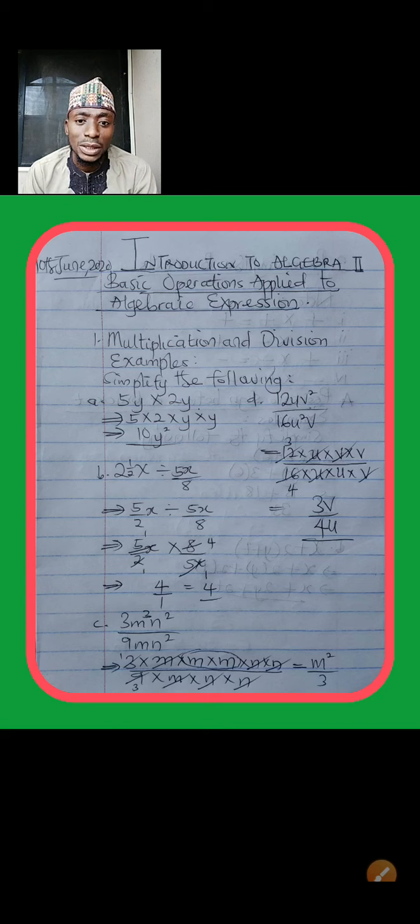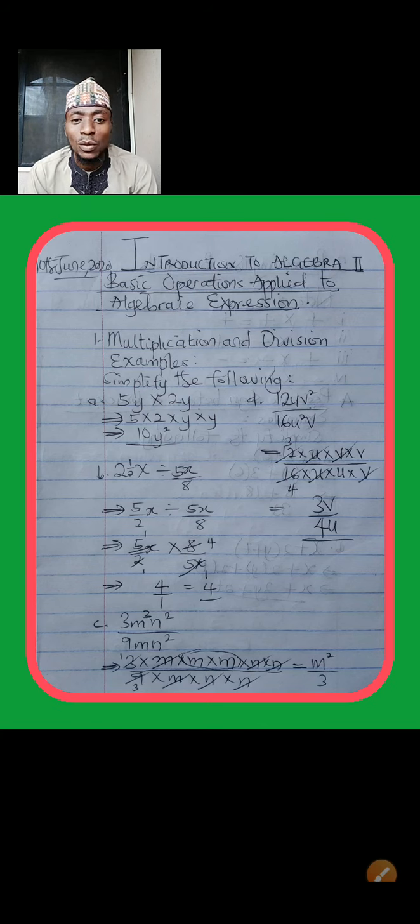Example 1, A: 5y times 2y. You expand or express that algebraic expression by multiplying all through. What do I mean? 5 times 2. You bring the numbers together and the letters together.